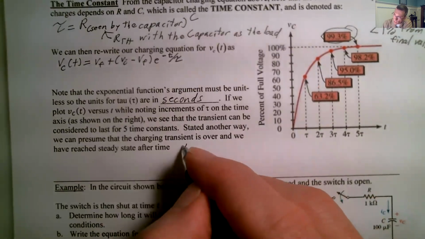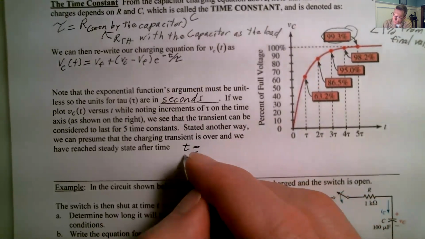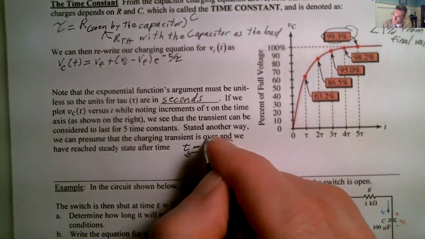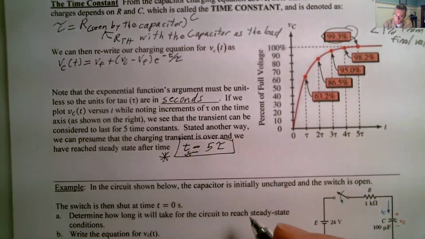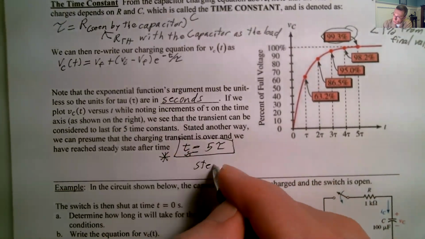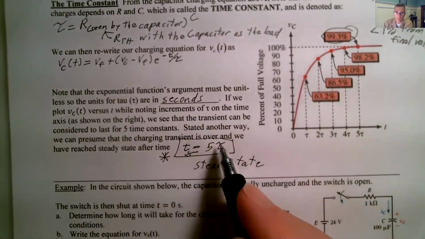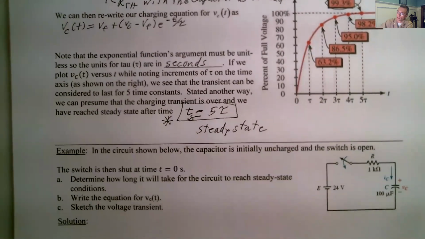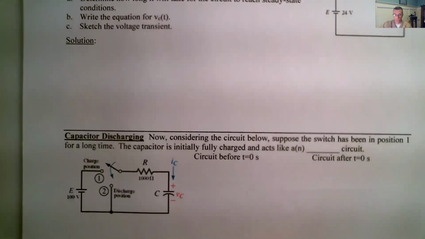And this is something that's not on the equation sheet, but we assume that t of steady state is equal to 5 tau. So in order to reach steady state, we wait 5 time constants, right? And that's for the charging, and it's not going to matter for the charging or the discharging.